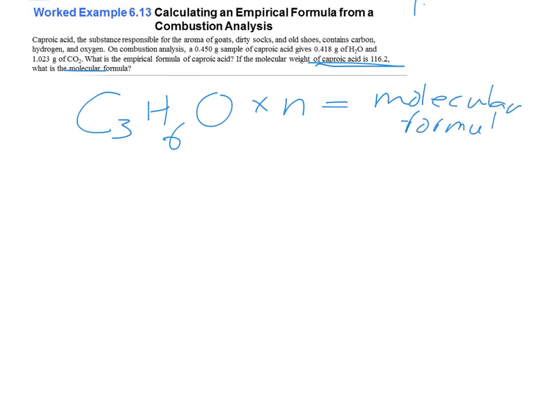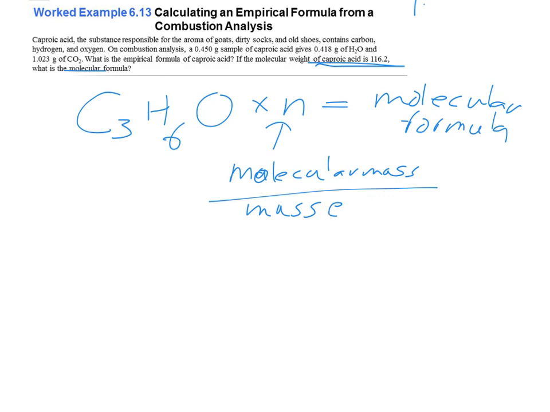And remember, we've met n before. n is that ratio of molecular mass divided by the mass of the empirical formula. So we need to calculate the mass of our empirical formula.